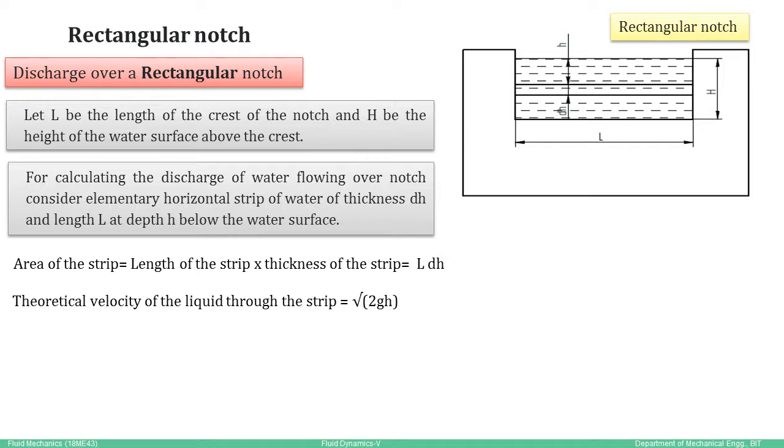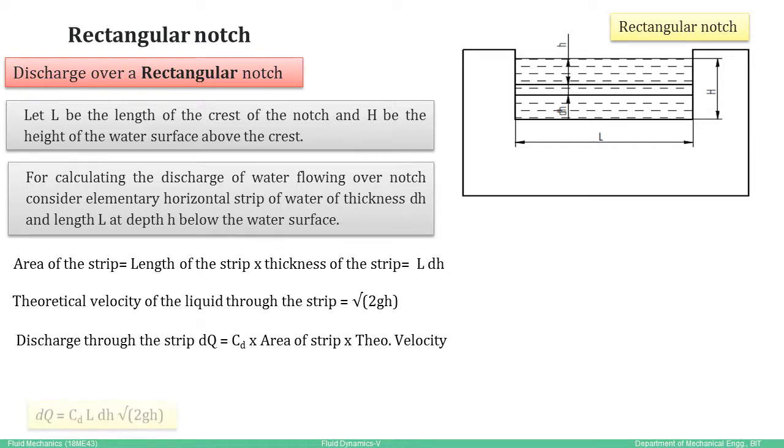So root of 2gh is the theoretical velocity. Now the discharge through only the elemental strip, dQ, is given by the coefficient of discharge multiplied by the area of the strip multiplied by the theoretical velocity. Substituting, dQ is Cd into L into dh root of 2gh.